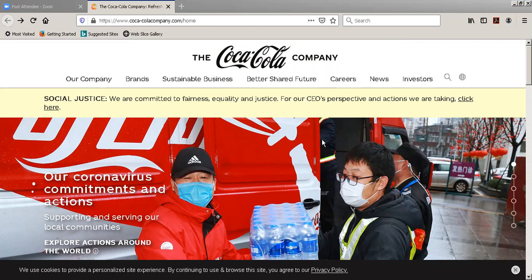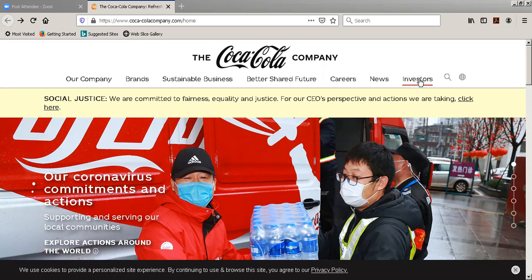Now, Coca-Cola is unusual. Usually you got to scroll all the way down to the bottom, and there'll be a part at the very bottom, where you have the contact us links. And there'll be a link that's called something like information for investors. Coca-Cola is a little unusual because it's right up here at the top.